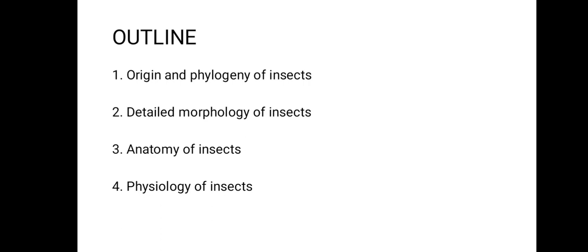And finally, we are going to conclude the course with a look into the physiology of insects. So under each heading in these outlines, there are contents that we are going to look at in each one of them. And so let's take a look at what the contents or the subheadings under each of these look like.